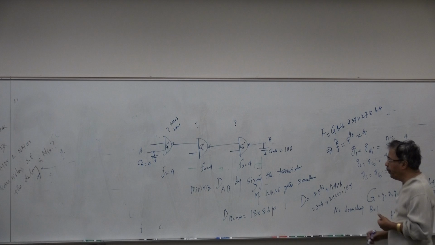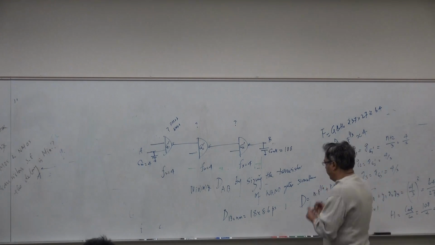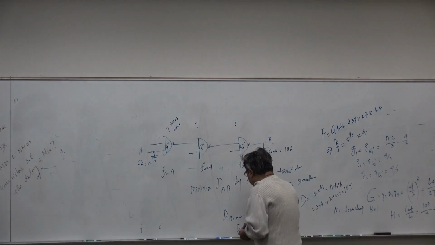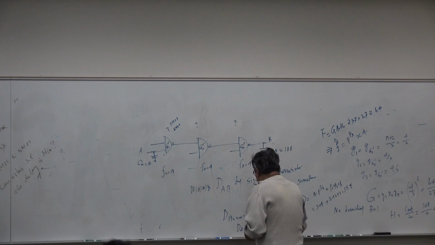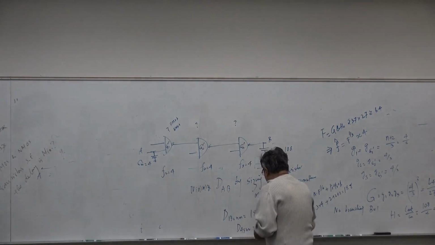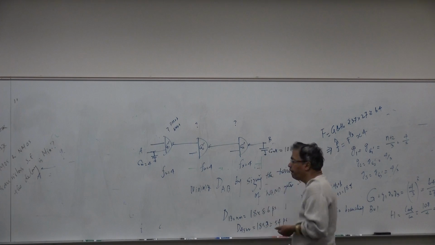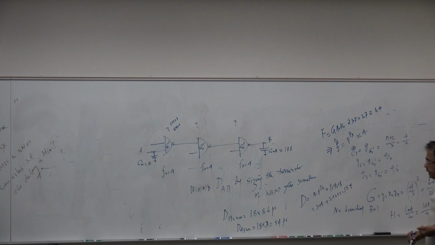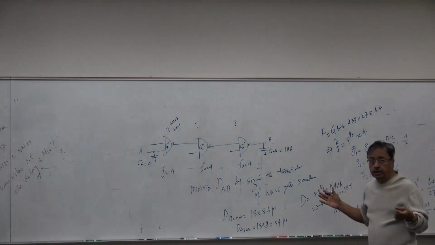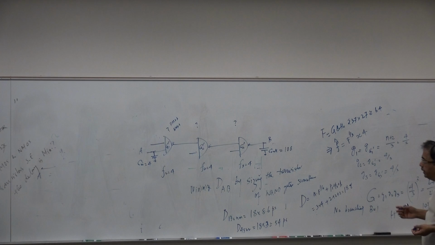And if you use a 45 nanometer process, then it will be 18 multiplied by 3, which is 54 picosecond. So this is how you calculate the delay without doing any simulation, just using simple formulas like this.